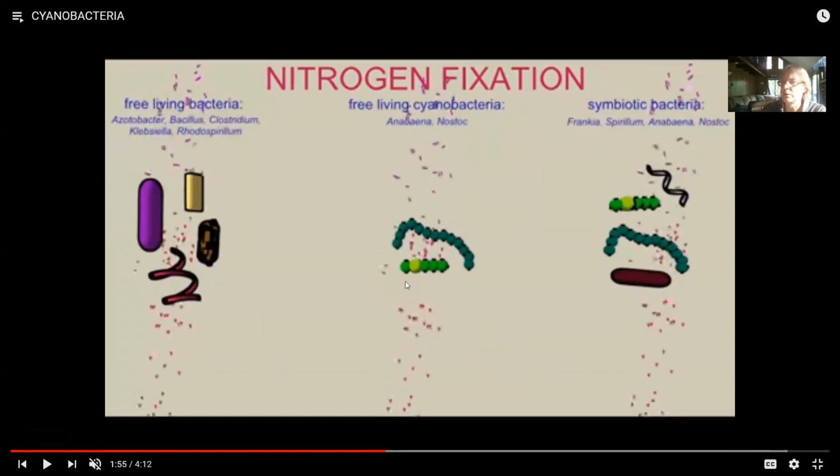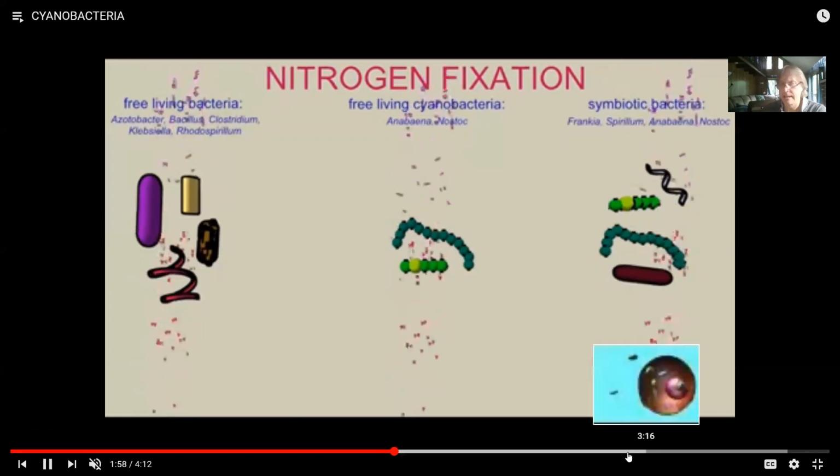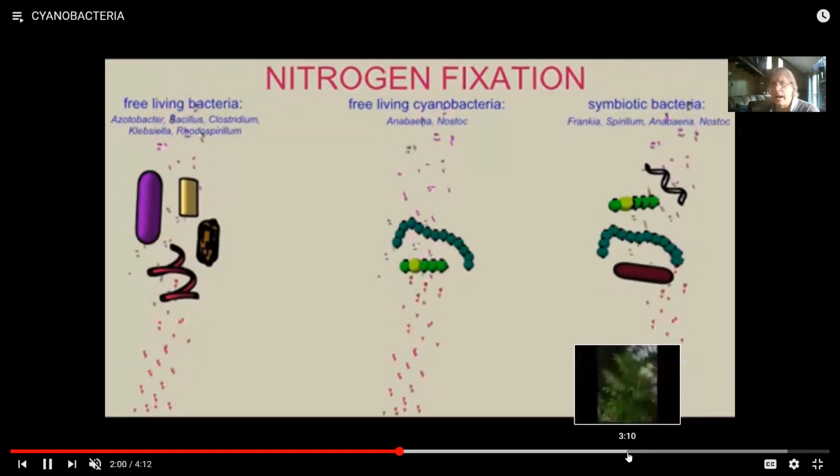So the nitrogen, which is being fixed in blue-green algae, often ends up being the nitrogen in animals, because animals can ingest free-living cyanobacteria if they're filter feeding water, or there are cases where cyanobacteria and other bacteria can live inside other living things as symbionts, and survive that way. So here we see cyanobacteria.